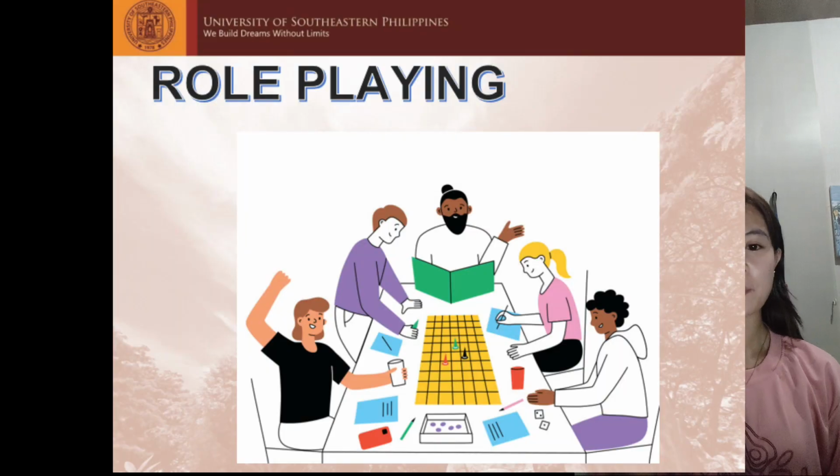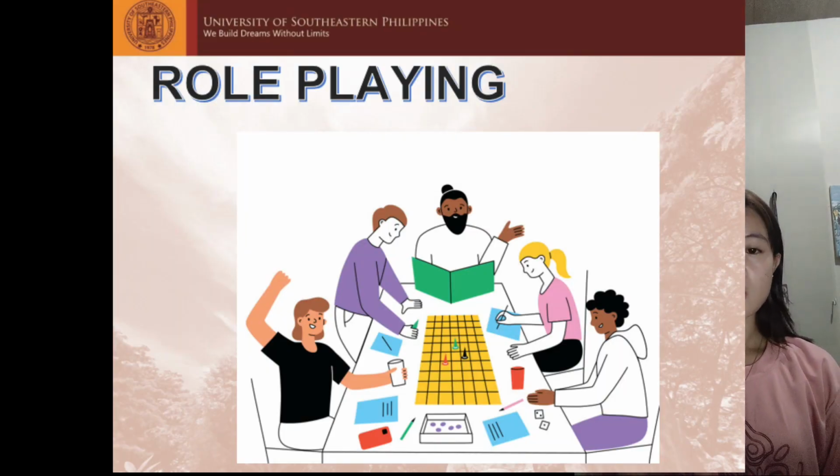So now, what are the examples of activities under the communicative language teaching approach? The very first one is common, and I believe each one of us has done this in our respective classrooms. So this is not new to all of us. Number one is role playing.